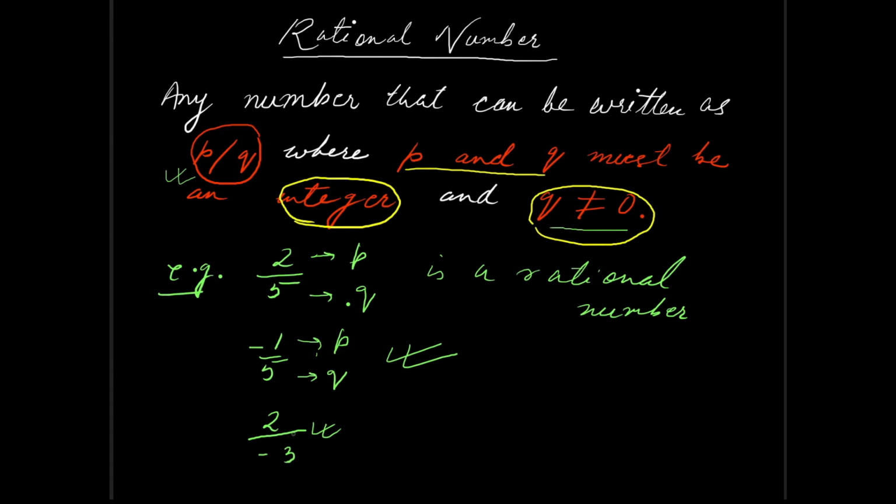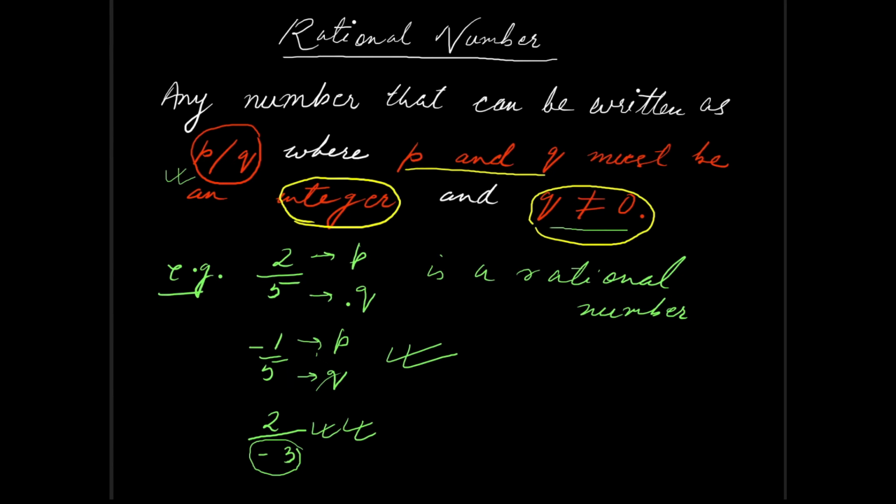Both 2 and minus 3 are integers, and q is equal to minus 3, which is not equal to 0. It can be less than 0 or more than 0, but it should not be equal to 0. So 2 by minus 3 satisfies all the three conditions. So we can say that 2 by minus 3 is also a rational number.